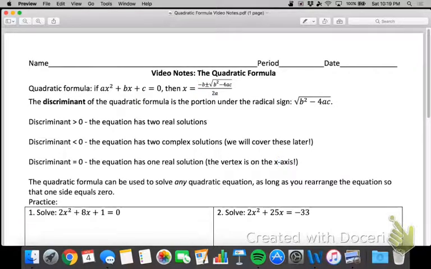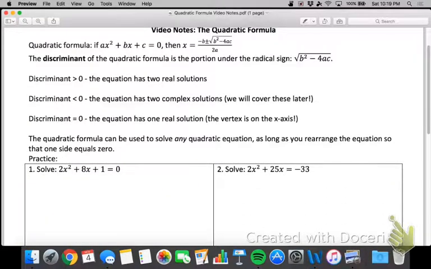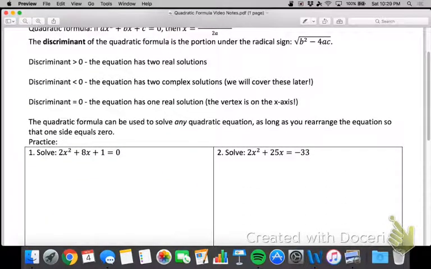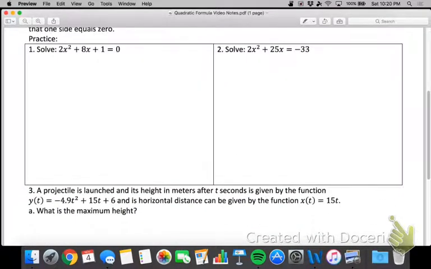So we can use the quadratic formula to solve any quadratic equation, as long as one side equals 0. For example, 2x squared plus 8x plus 1 equals 0. It's already set equal to 0, so we don't have to do anything extra. We can just go straight to using the quadratic formula.